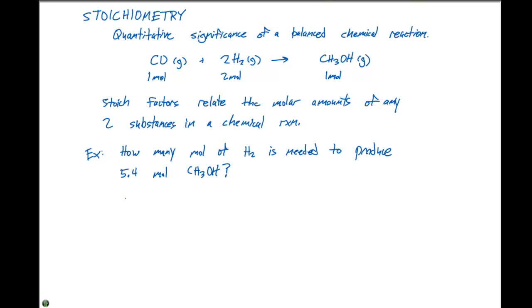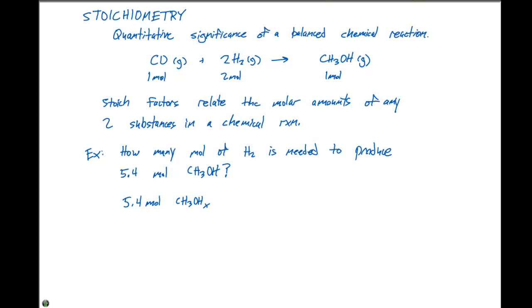So initially, we're going to start with our 5.4 moles of CH3OH. That's our given unit. We're going to use dimensional analysis to figure out how many moles of hydrogen are needed to produce this.